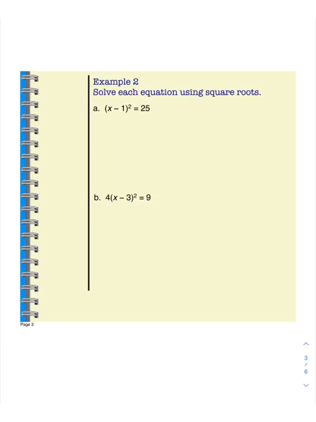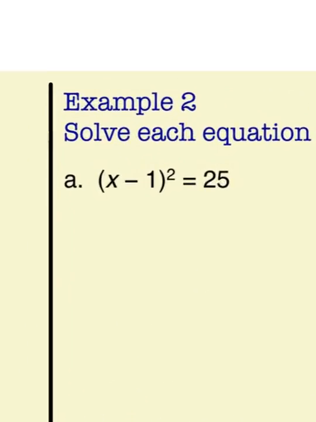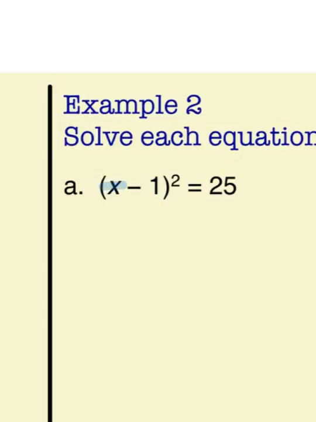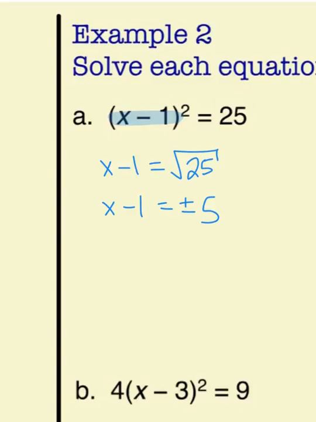In example 2, we are still solving equations using square roots, except instead of just the variable squared, now we have x minus 1 squared. So now we have x minus 1 equals the square root of 25. And now we know the square root of 25 is positive or negative 5, which means this is actually going to be two equations because it's two real solutions.